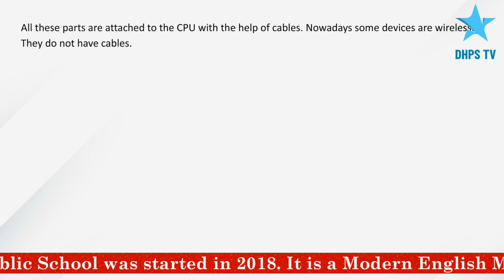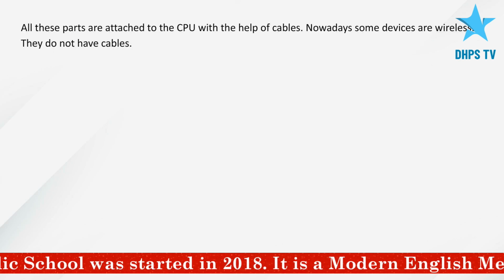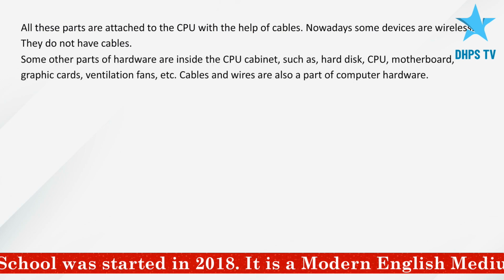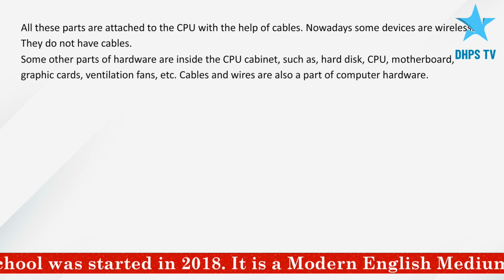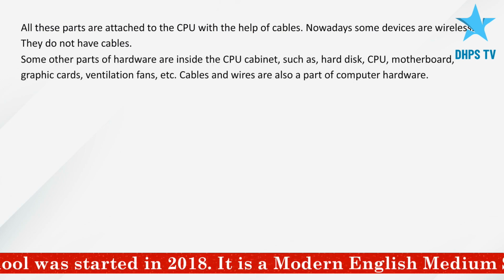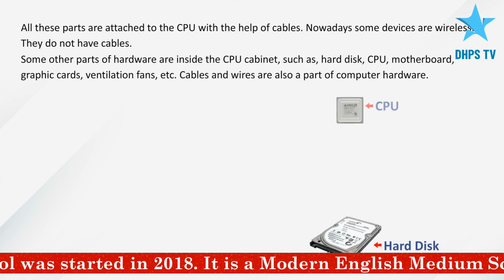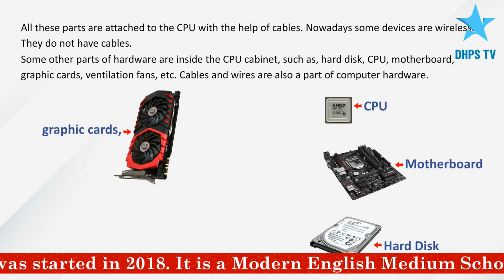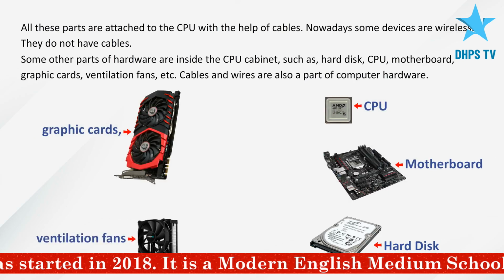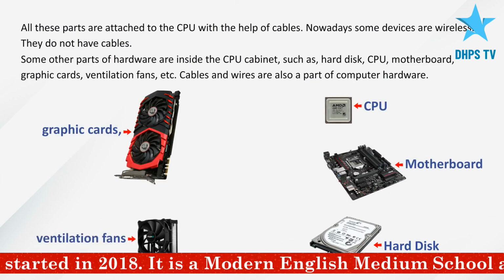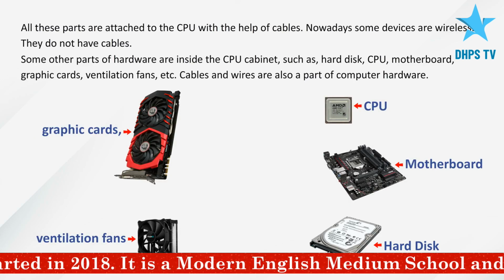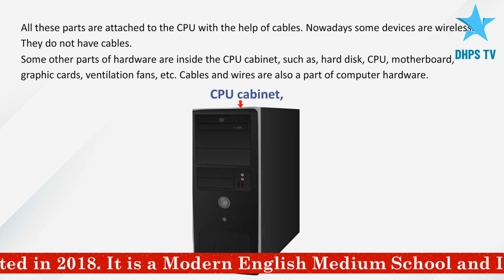Nowadays, some devices are wireless. They do not have cables. Some parts of hardware are inside the CPU cabinet, such as hard disk, CPU, motherboard, graphic cards, ventilation fans, etc. Cables and wires are also a part of computer hardware.